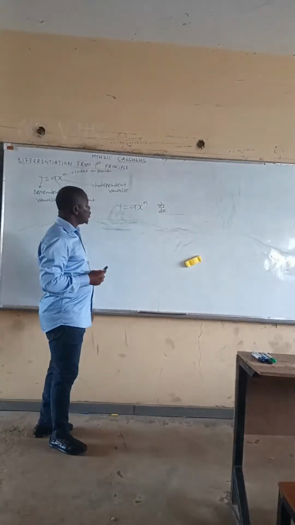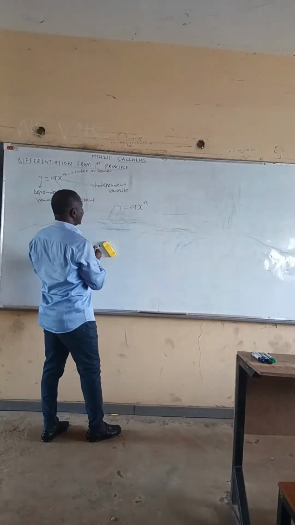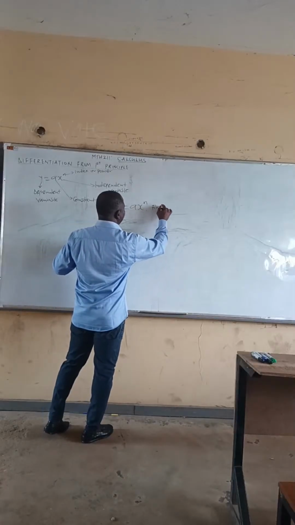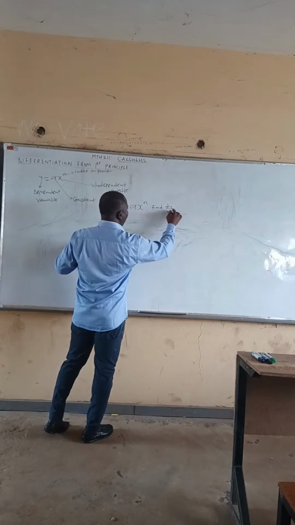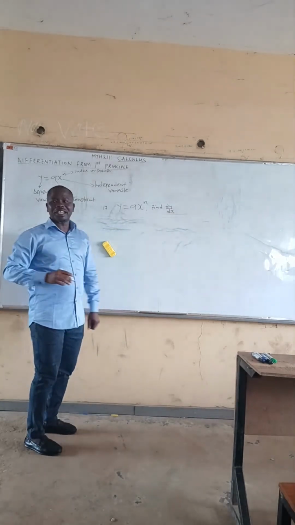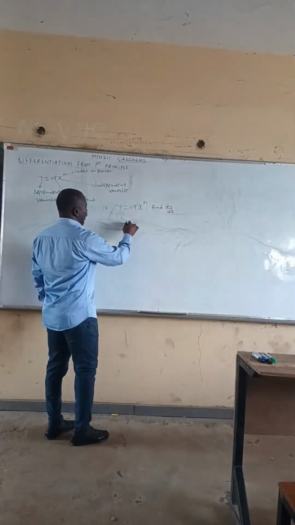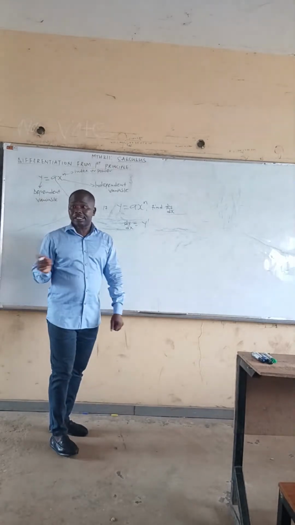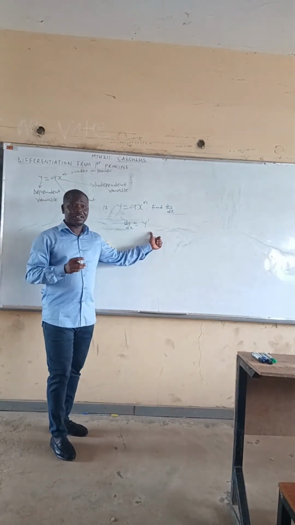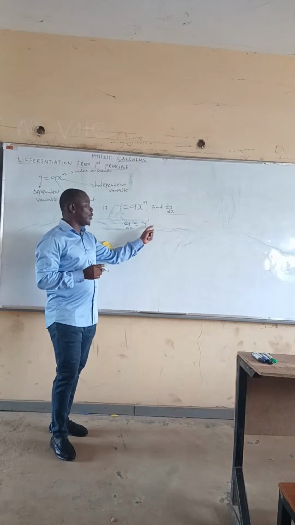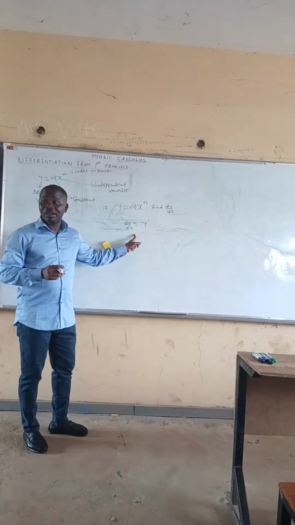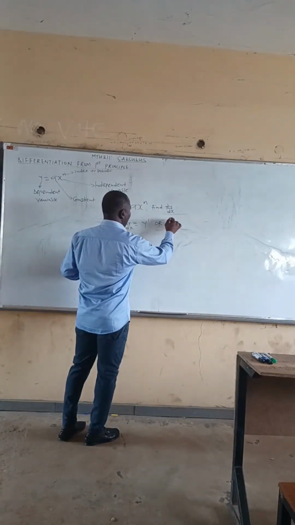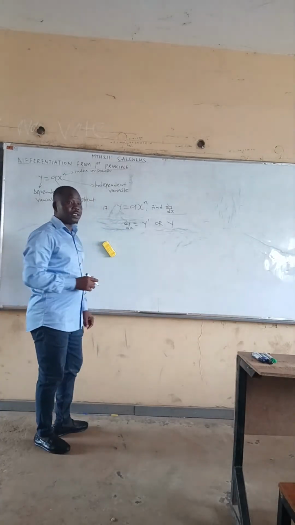So if you are asked to find dy over dx, sometimes this dy over dx is also known as y prime. For now, this is not necessary. In physics they use y dot.